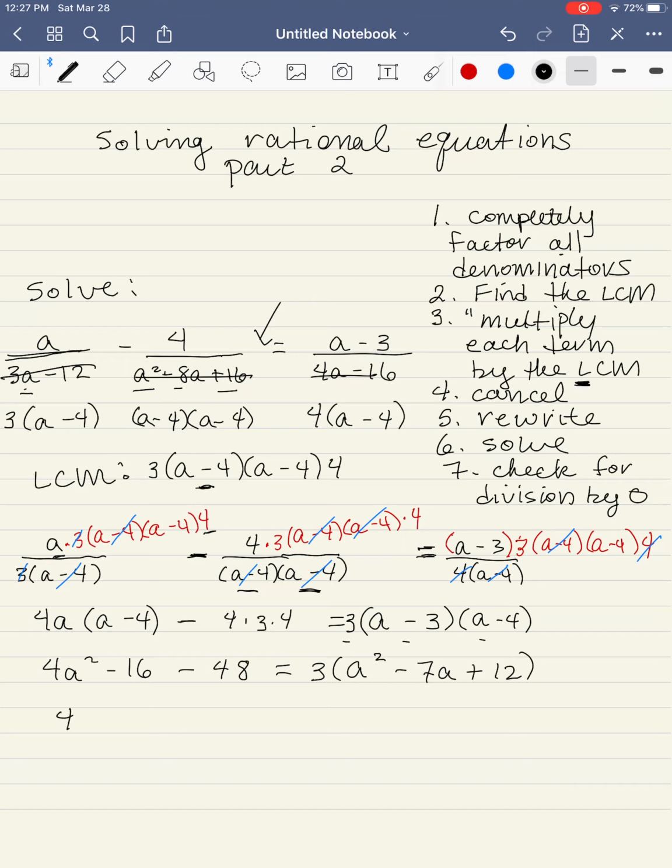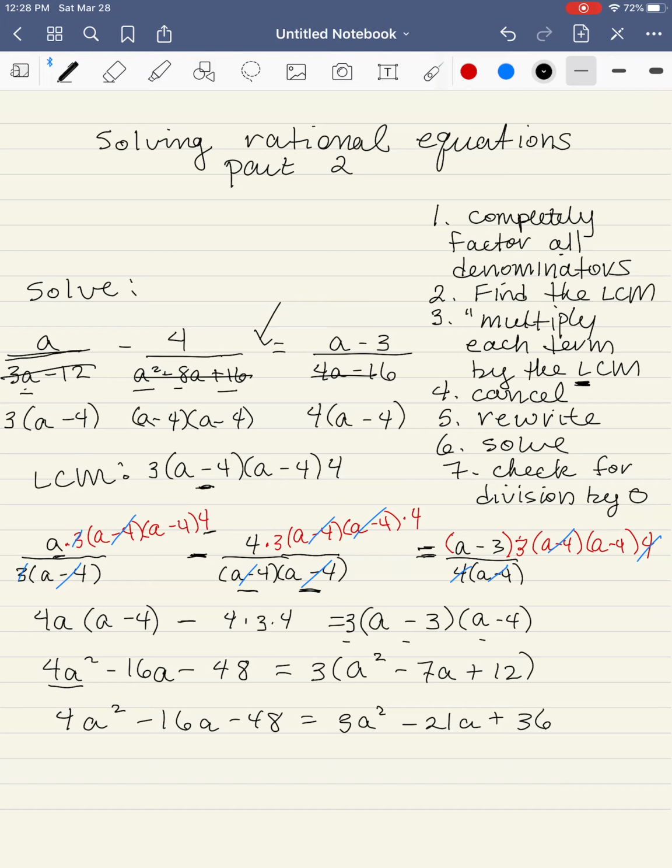And I still need to distribute the 3, and I'm going to go, oh, I left out an a here. I have 4a squared, 4a times a is a squared, 4a squared, 4a times 4a is minus 16a. So now I'm going to just drop this part down. It's not changing. Distribute the 3. And that is a quadratic equation.